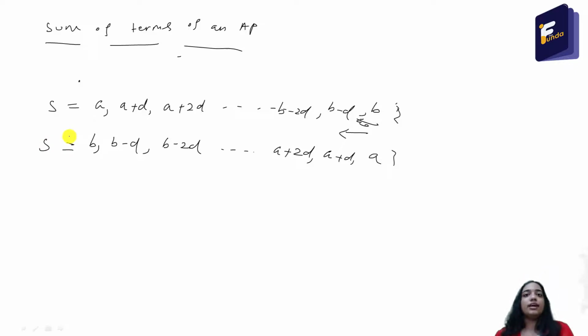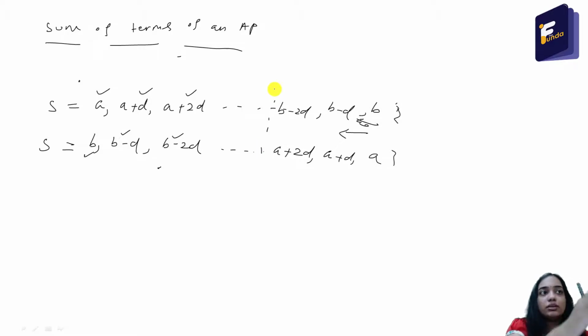One interesting thing you can notice is that the sum of the first term of this AP and the first term of the second AP is A plus B. Similarly, the sum of the second terms is A plus B. So the sum of the nth term of the first series and the nth term of the second series is A plus B. You can see the last term is also A plus B. If you are not sure, you can just calculate another term of this AP.